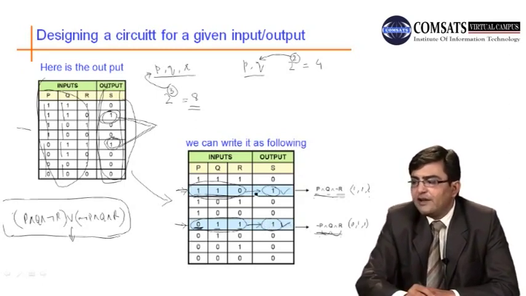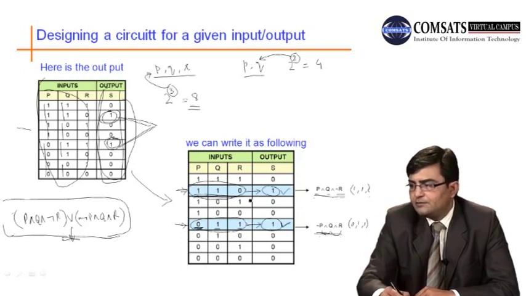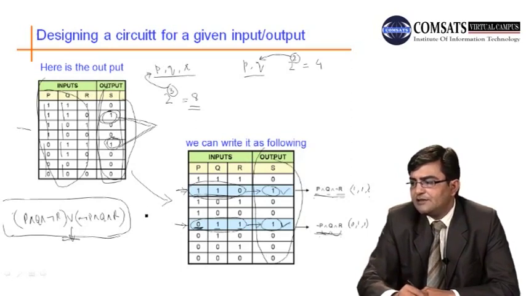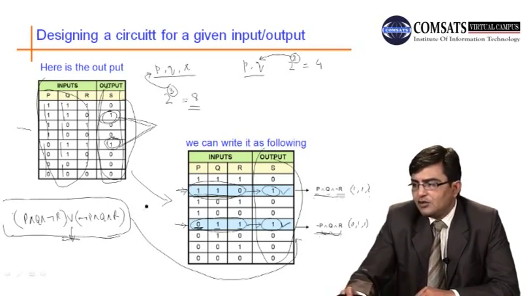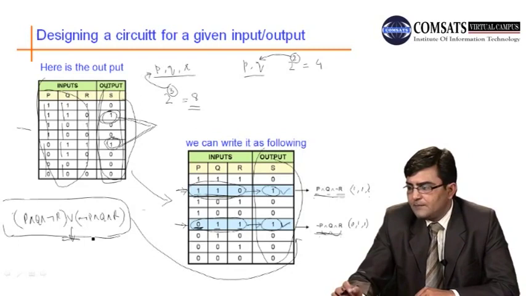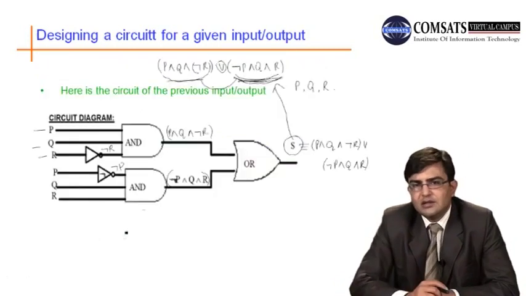By using these, we can write the logical expression which represents this truth table, or which represents this output. Actually, this logical expression represents this whole output, and then corresponding to the logical expression, we can construct a circuit.